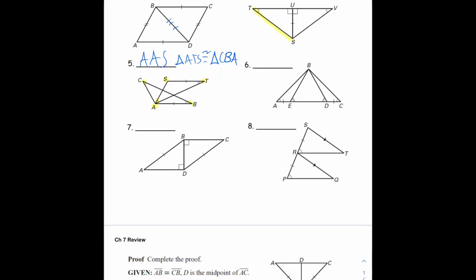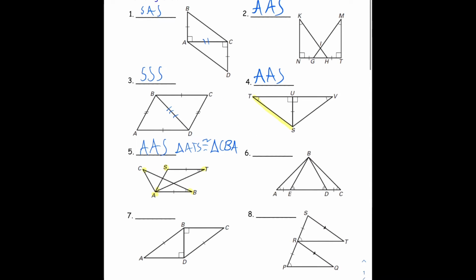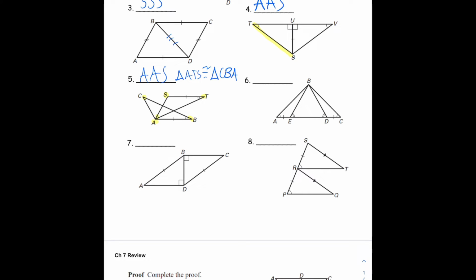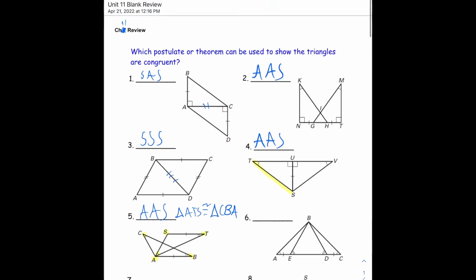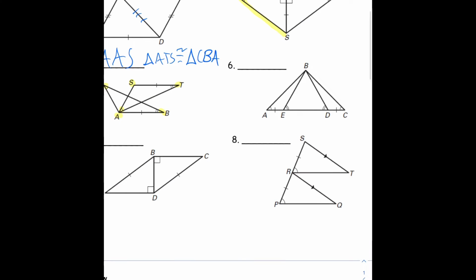Let's see here. There's lots of triangles in this one. I would say that if we were going to look at this triangle here and this triangle here, we could say that we have two angles in the triangle, and then we would have to use angle addition postulate, but we could prove that that other side is congruent.